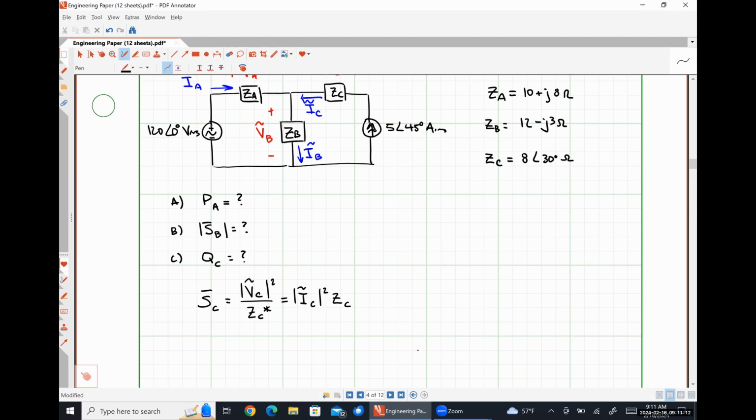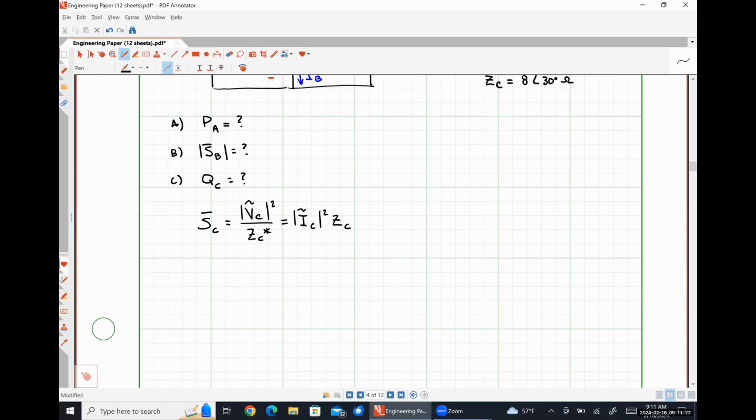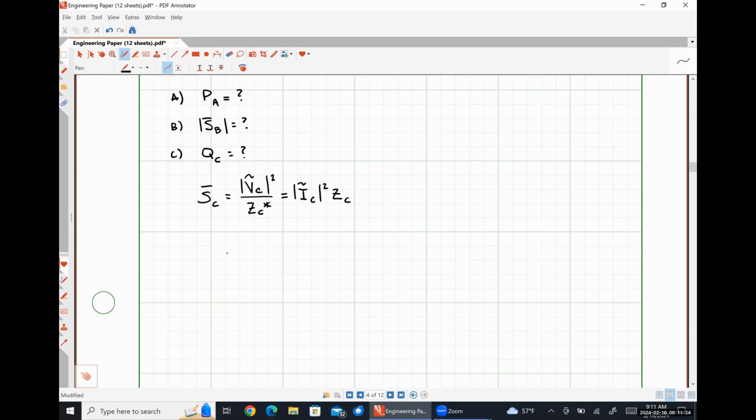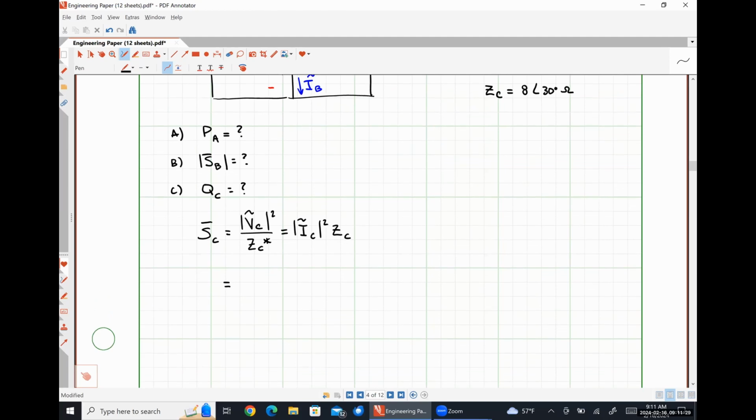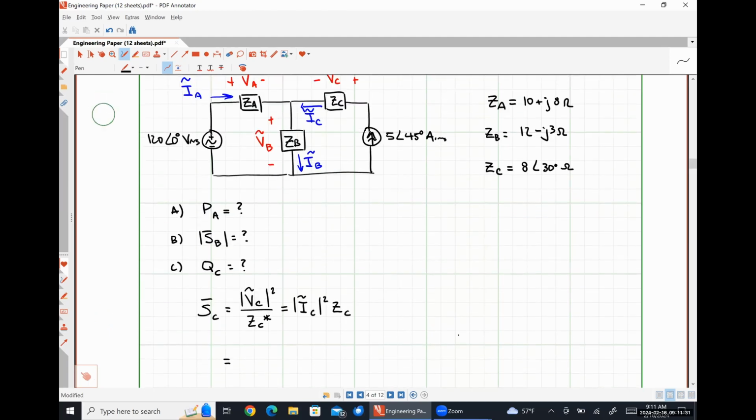So, which one do we want to use? The second one, because I make it harder than it needs to be, okay? So, what's the magnitude of the current flowing through impedance ZC? 5 amps RMS.